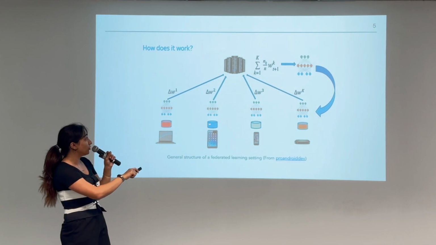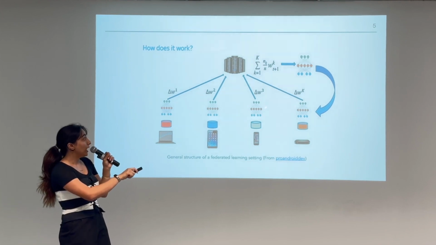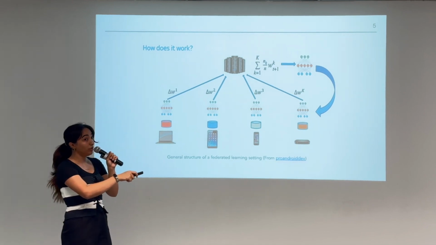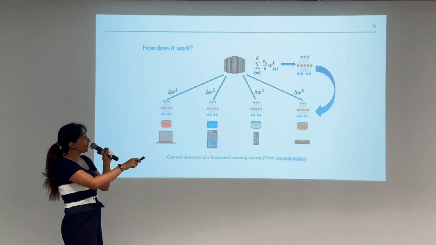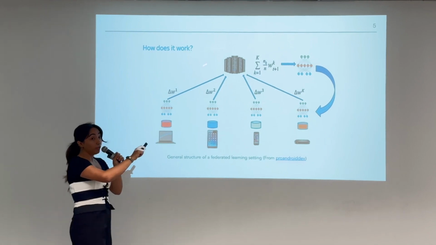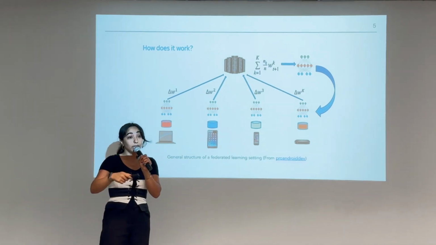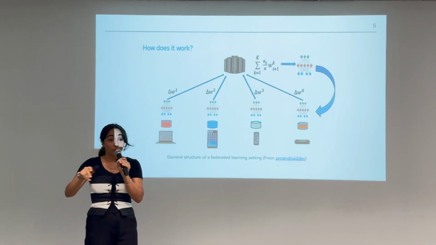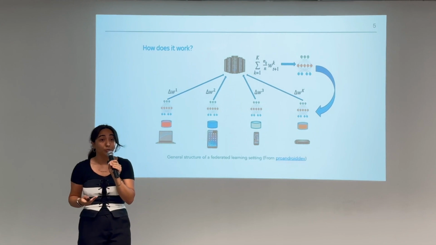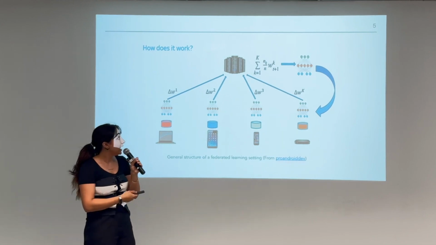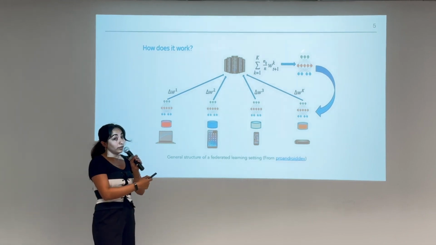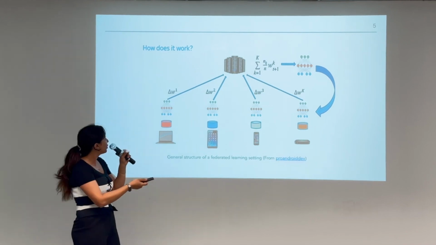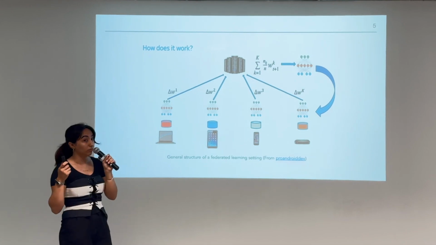You train a really small, basic model with just your own data, and you send that model to a server here. This server uses all your models and creates a global model, which is built with the help of all of your data, which makes it more general and gives it better accuracy, in comparison to the traditional way of training a model.